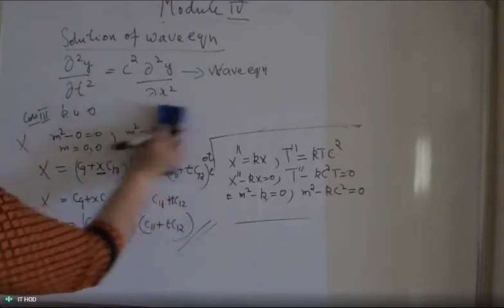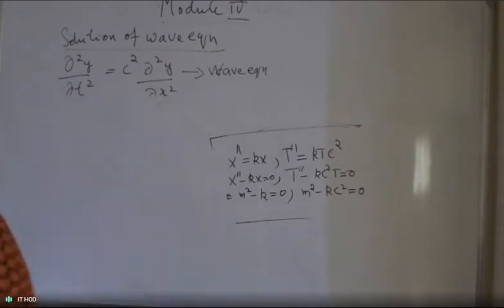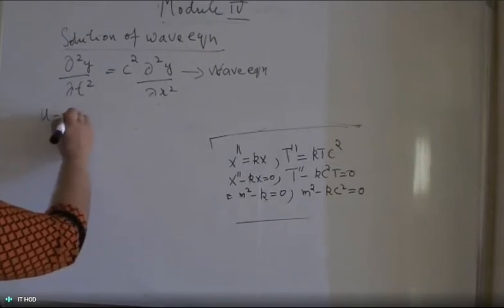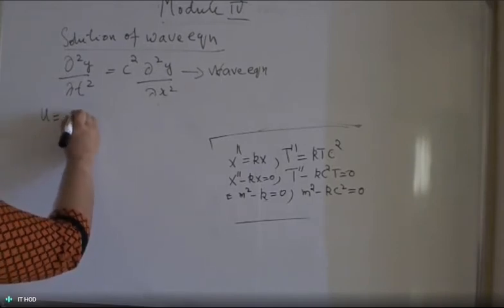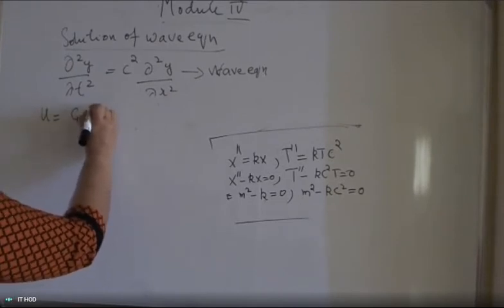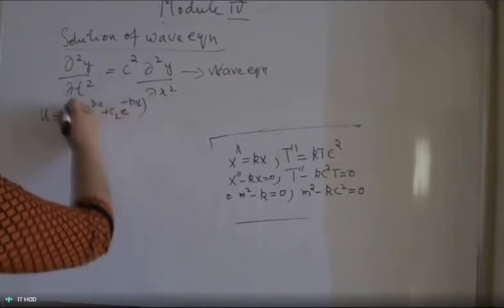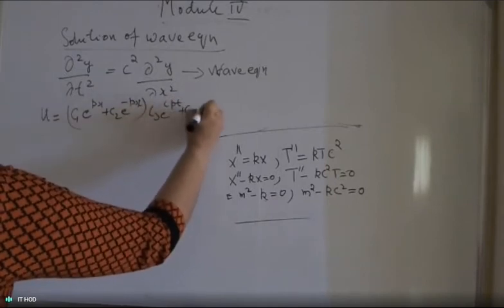So let me write the 3 solutions we already got here. First one is u equal to c1 e raised to px plus c2 e raised to minus px into c3 e raised to cpt plus c4 e raised to minus cpt.